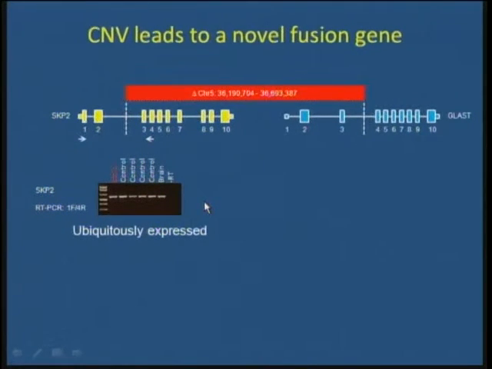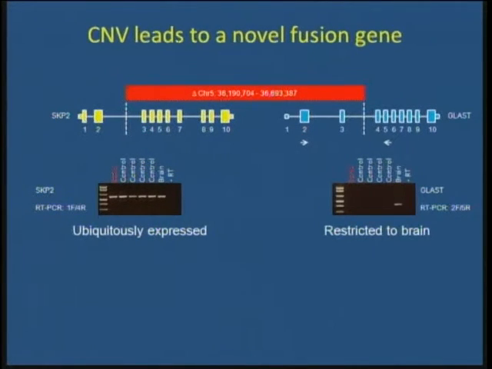So we did confirm it was ubiquitously expressed. For GLAST, we did not see any message by RT-PCR amplifying from exon 2 to exon 5 in the schizophrenia patient or the blood controls, but we did see it in that commercial source of brain RNA, confirming that it is restricted to brain.